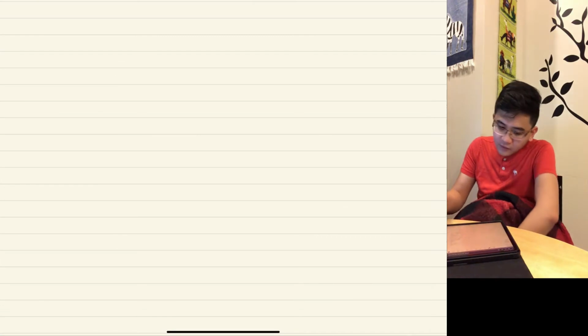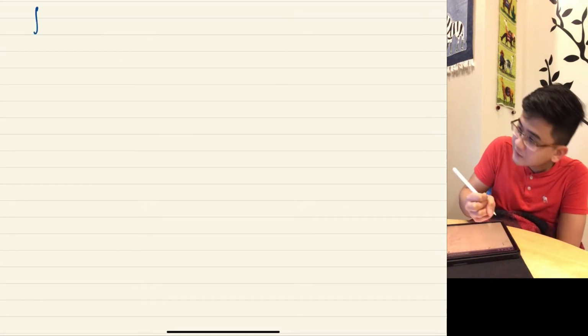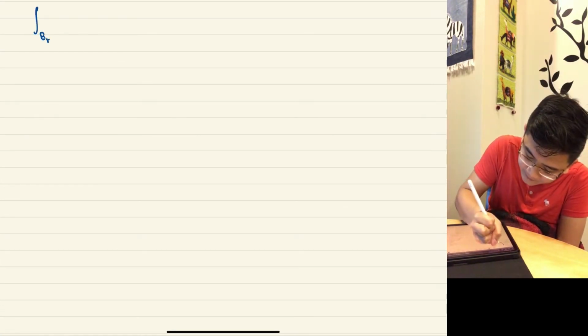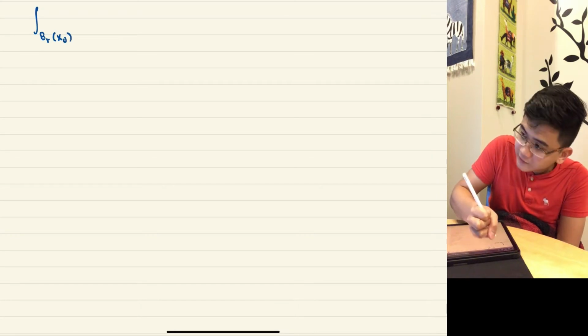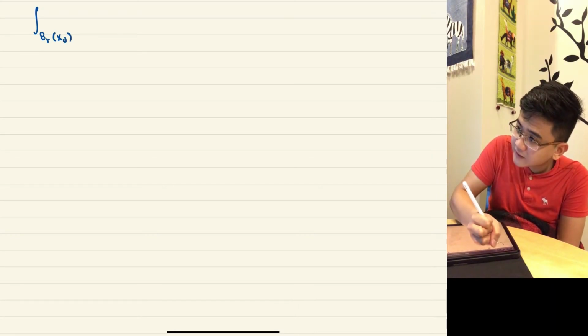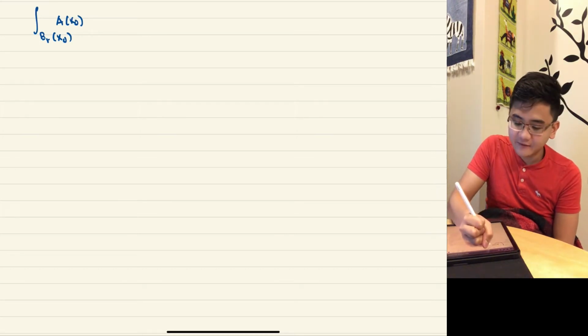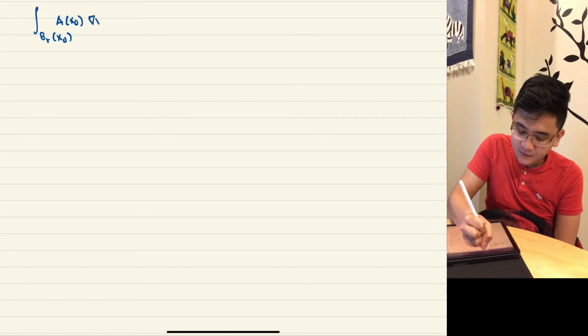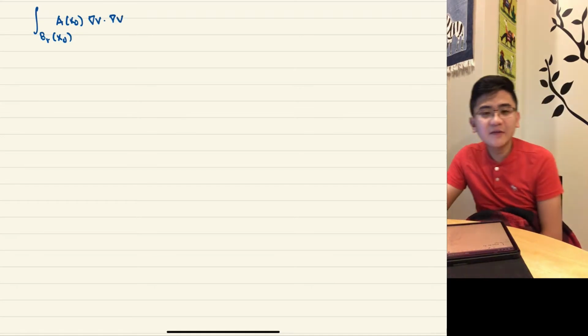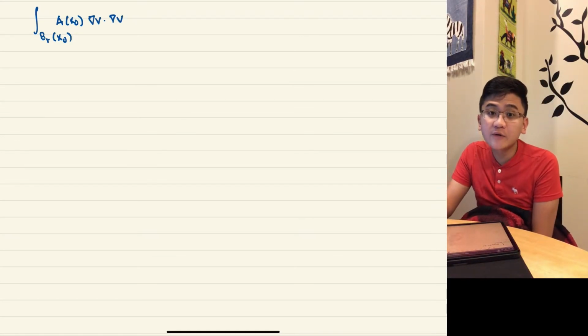So for the first one, let's look at the integral over B_R of x0 of A of x0, grad v dot grad v. Now this is where we're going to use uniform ellipticity.